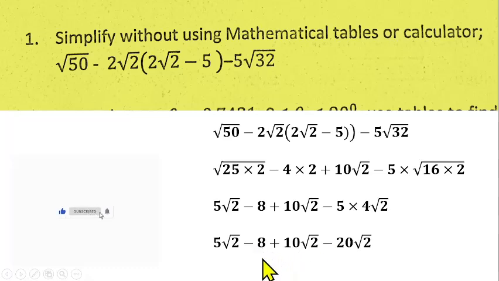From there we can collect like terms. 5 surd 2 plus 10 surd 2 gives us 15 surd 2. Then 15 surd 2 minus 20 surd 2 gives us minus 5 surd 2, then minus 8. So you have minus 8 minus 5 surd 2 as the answer. There's nothing we can do to this any longer, so the answer is minus 8 minus 5 surd 2.